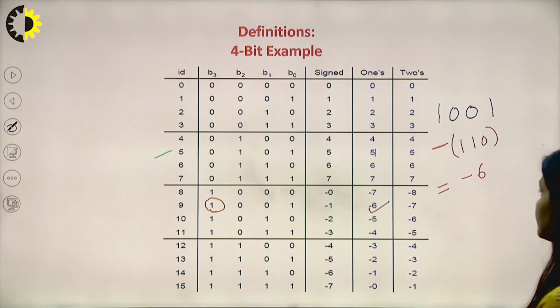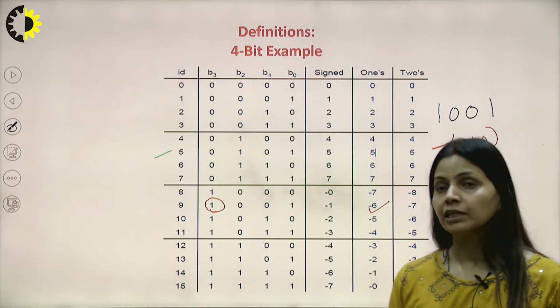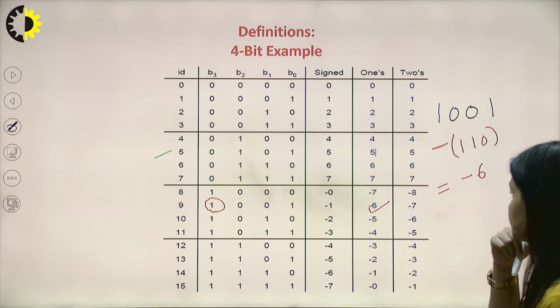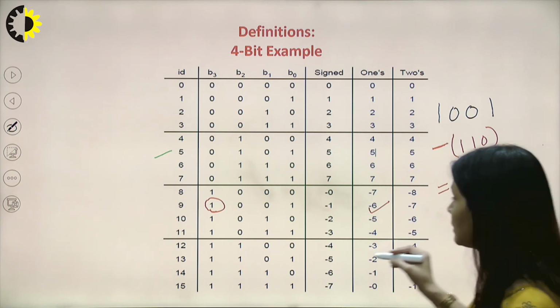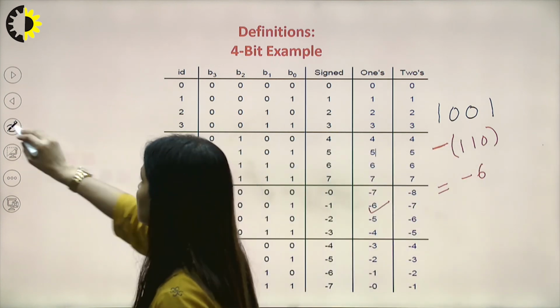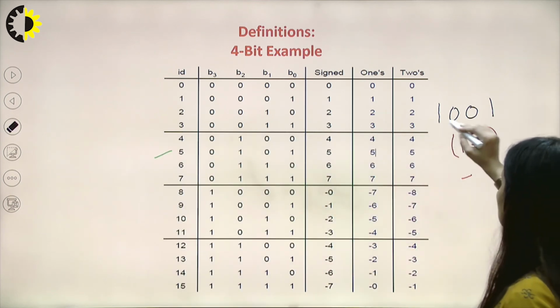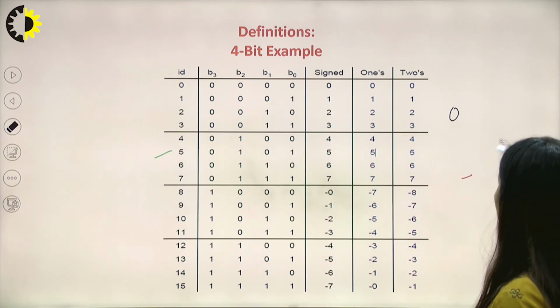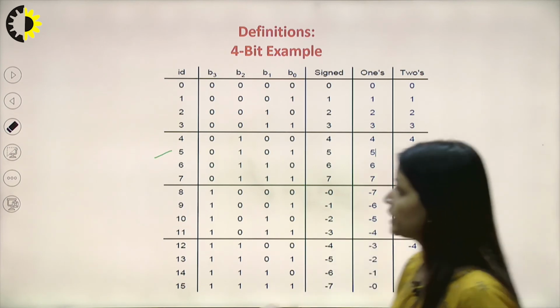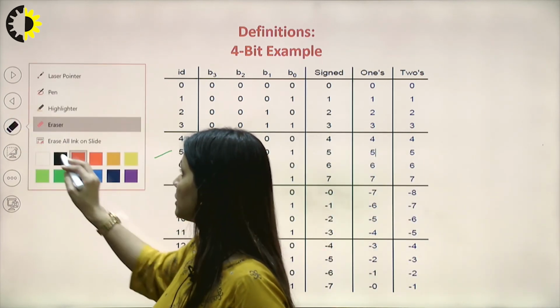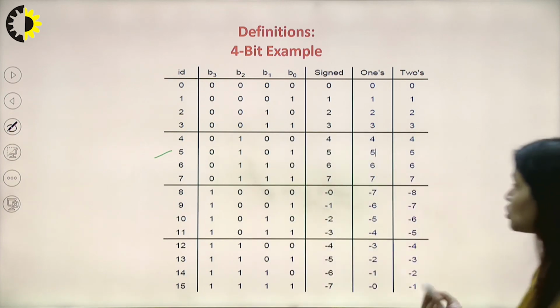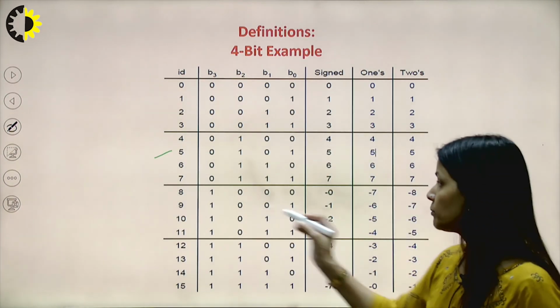Similarly, taking the second example, -7. Let us suppose that this number is representing its 2's complement form, the same number 1001.